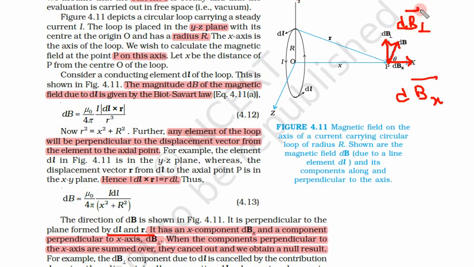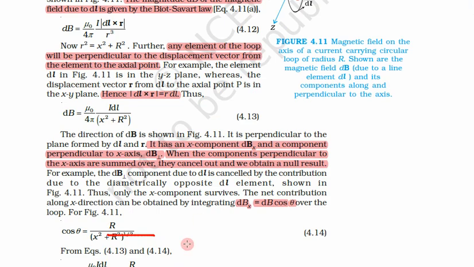So we have two components, a perpendicular component and this parallel component, or x component, of this magnetic field. Let us say this angle which it makes from this horizontal component is theta. Now let us see what happens next.